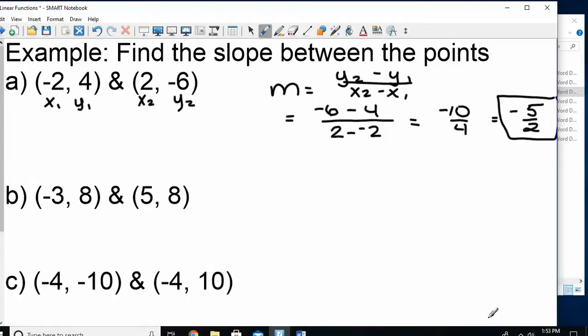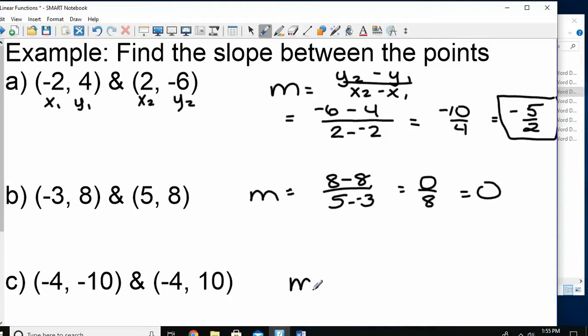You guys do B and C for me. Do you get 0 for B?